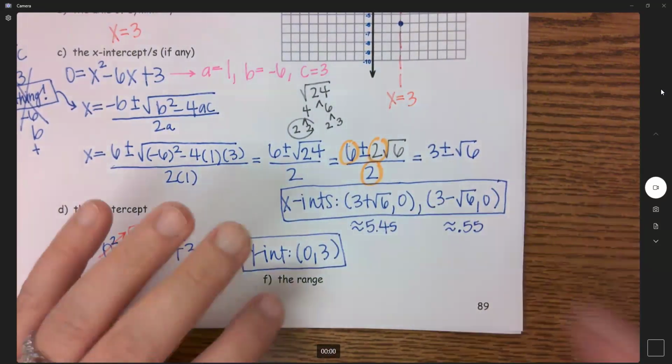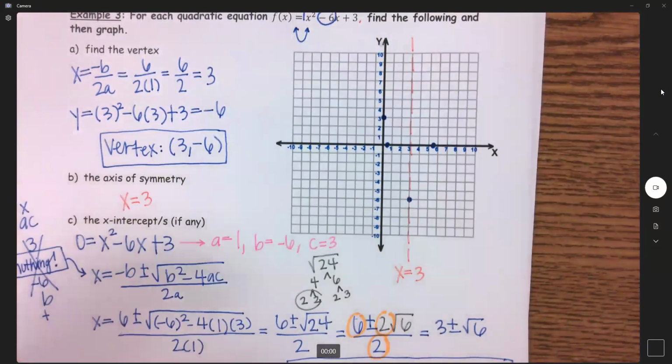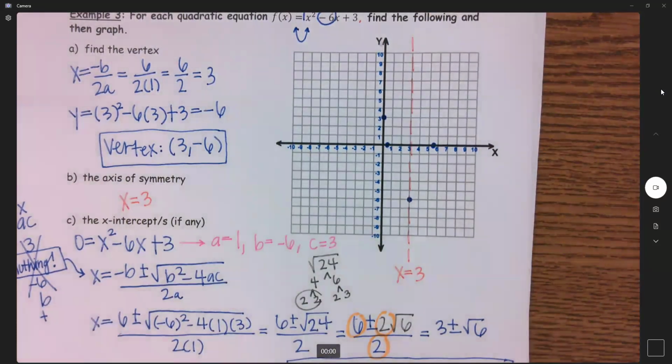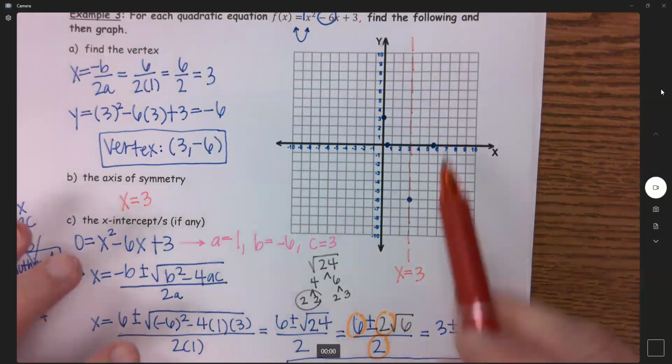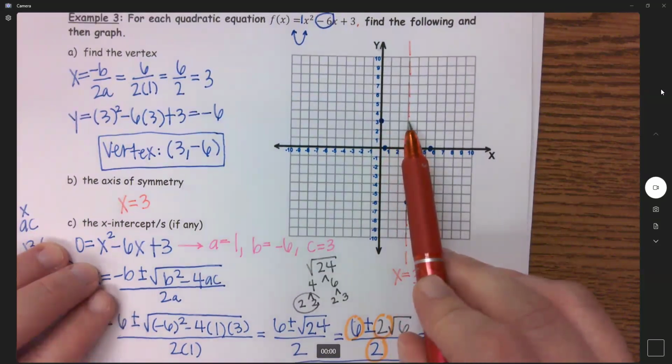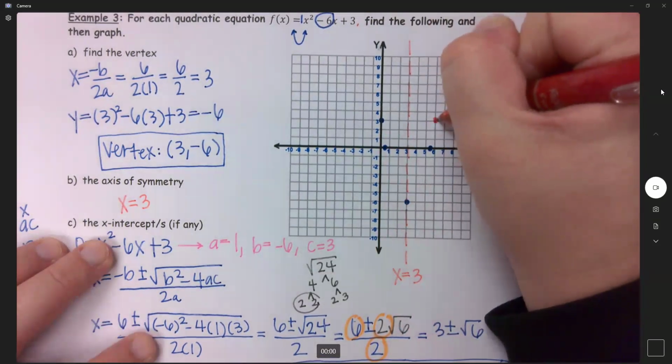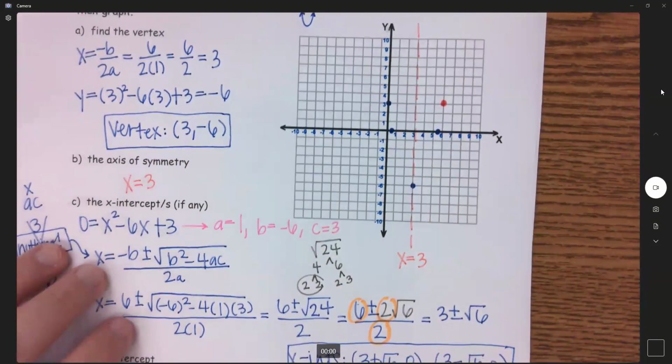So let's plot that at 0, 3. And I, again, typically like 5 points, just makes it a little bit more accurate. I'm going to use that axis of symmetry for that y-intercept. If that's 1, 2, 3 units away, I'm going to go 1, 2, 3 units away. And here's my 5th point right there.